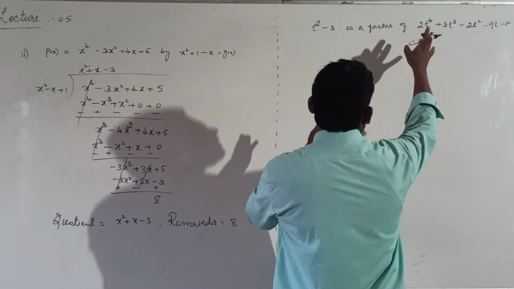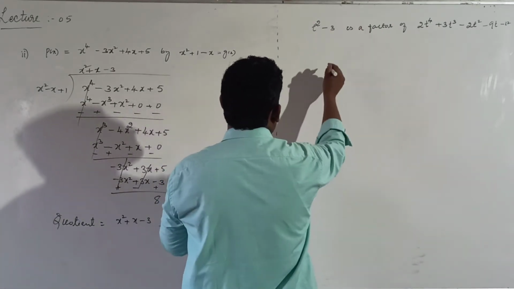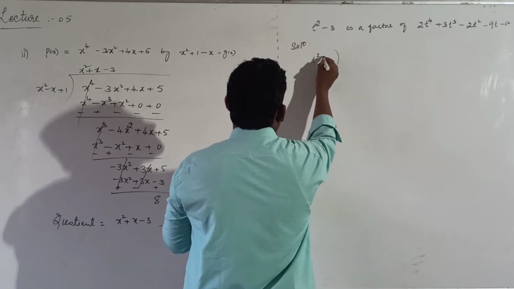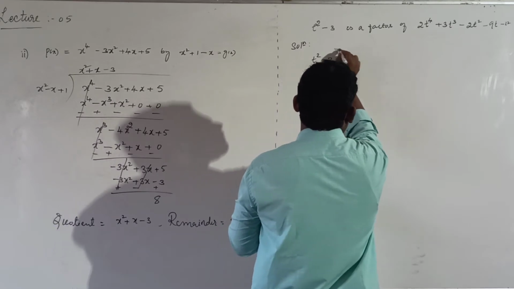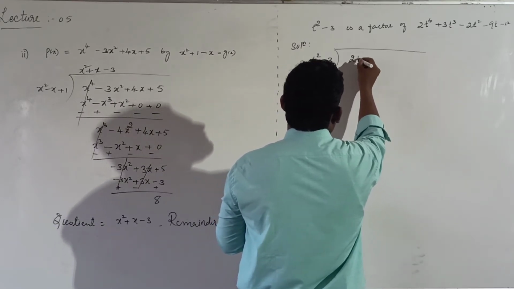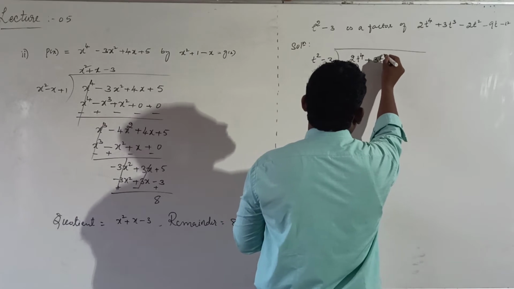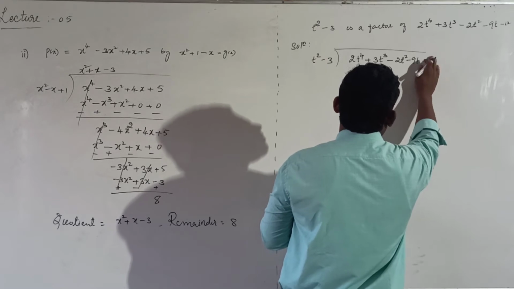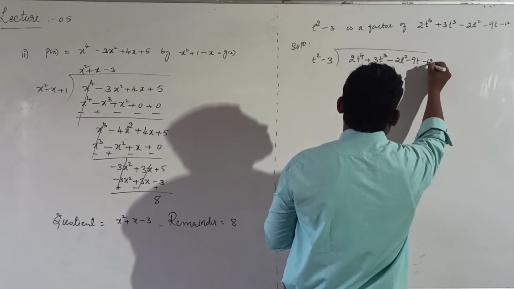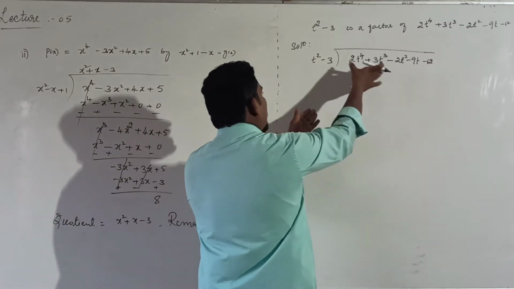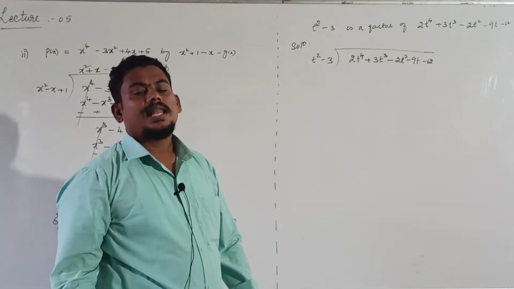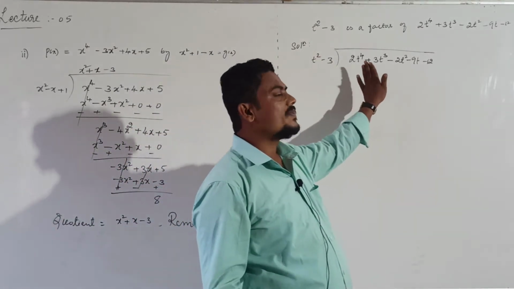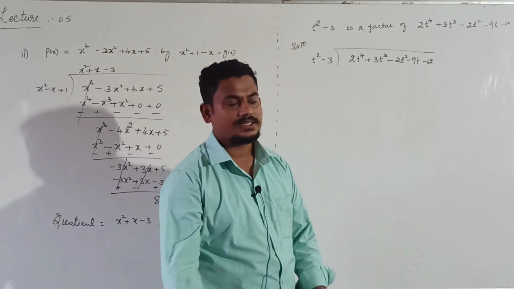Now just divide this polynomial, 2t power 4 plus 3t cube minus 2t square minus 9t minus 12, with t square minus 3. If lastly you get remainder as 0, then clearly t square minus 3 is a factor of this polynomial, otherwise it is not a factor.